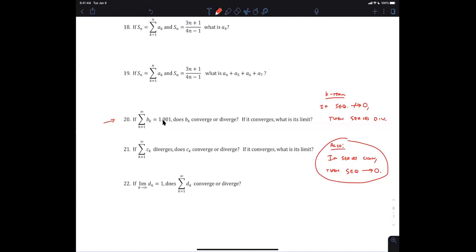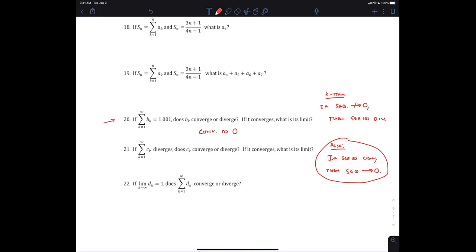It doesn't matter that it's positive. It matters that it's a number. This tells you the series converges. Well, then the sequence converges to 0, because if it did not, the series would have diverged. Does that make sense to the person who asked it in chat? Okay. Does that make sense to everybody?